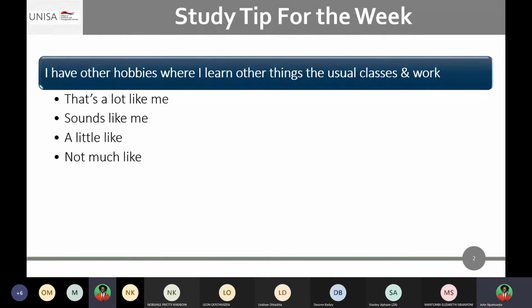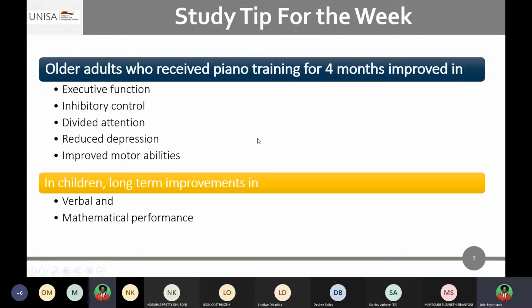Why am I asking you this question? Because having other hobbies outside work and classes is important. What does research say? I looked at two research results.